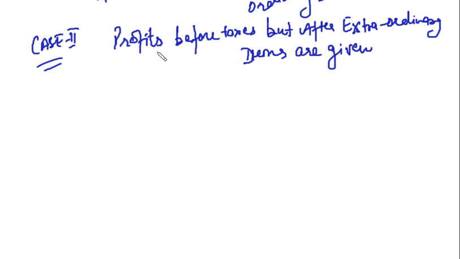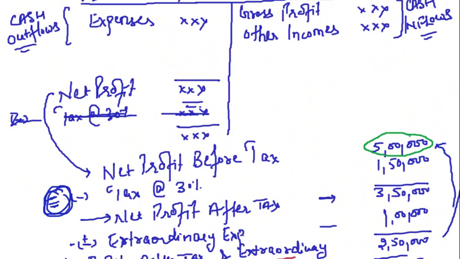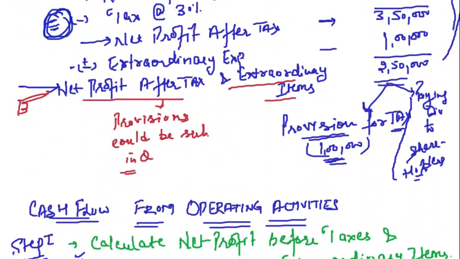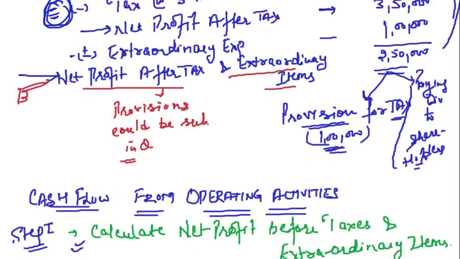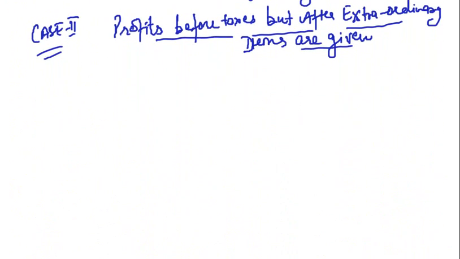Now friends, if you look at this example, in the normal course, if there is any extraordinary expense, we will record it here only. We will record it in the profit and loss account only, right? It was just to clear things up that I took it here, right? So now, profits before taxes but after extraordinary items are given, right?